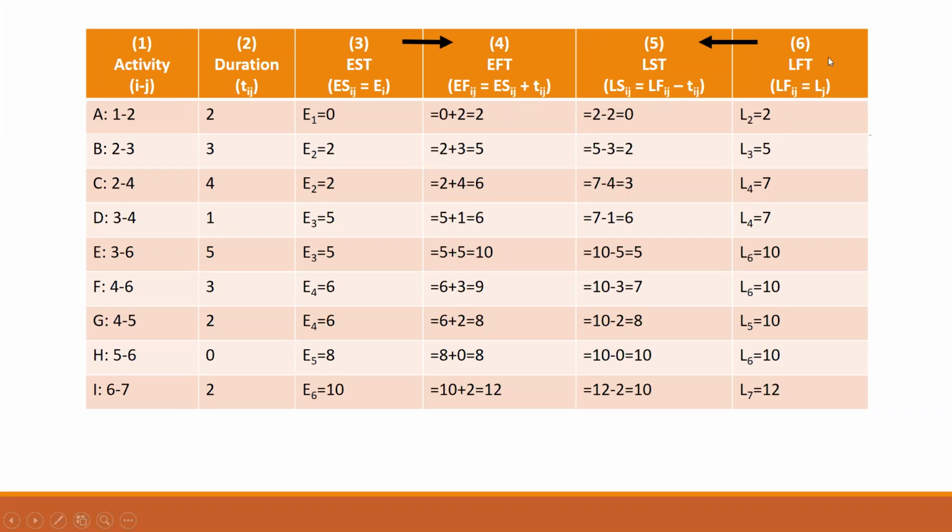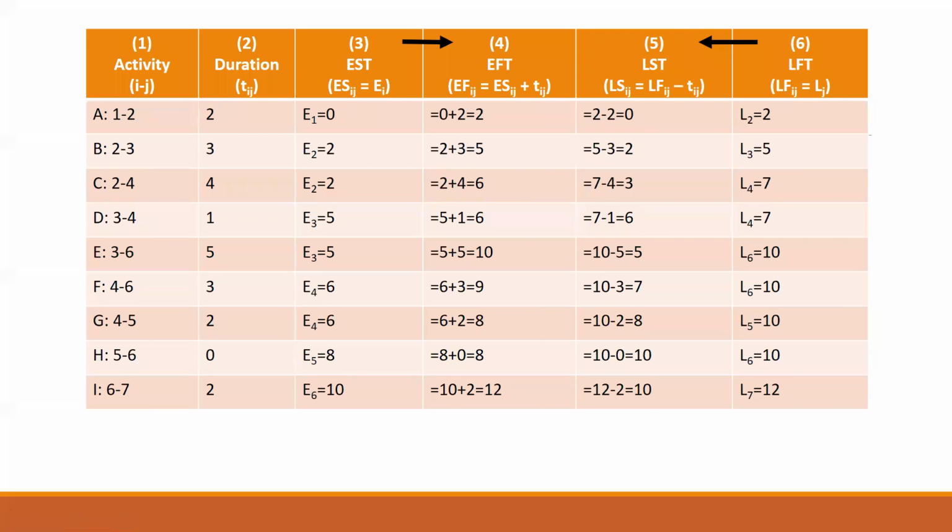So first find the LFTs, and find the next value of LSij. Then again find the value for L3, then find the value for LS, here 2, 3. This is how you have to go about doing it. I hope there are no doubts here.